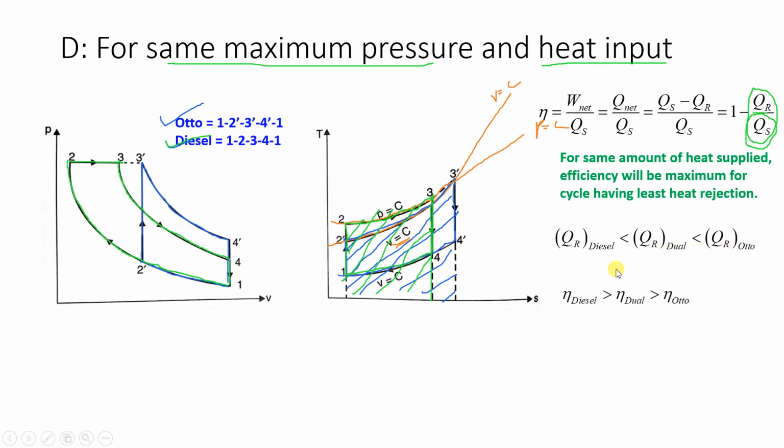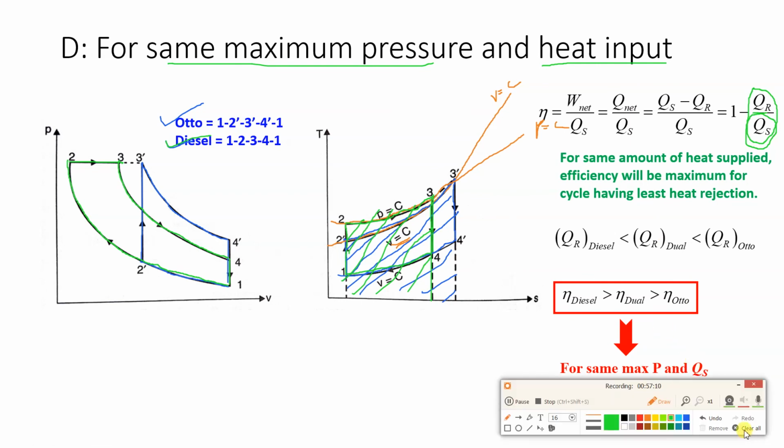So efficiency of diesel cycle is greater than efficiency of dual cycle, is greater than efficiency of Otto cycle. Dual cycle will be in between. But what is the condition for this? It is valid for same maximum pressure. So we are maintaining same maximum pressure and same heat input QS.